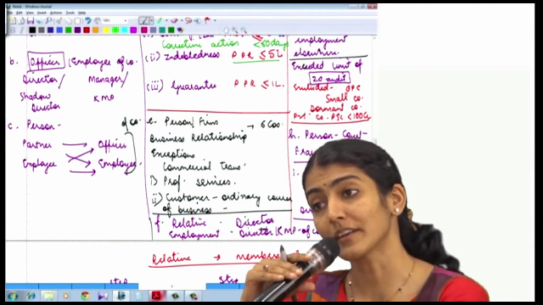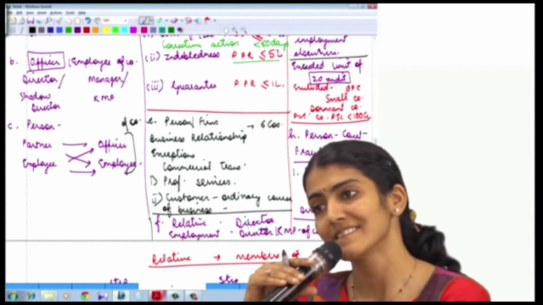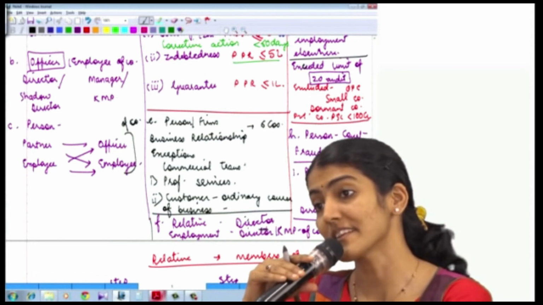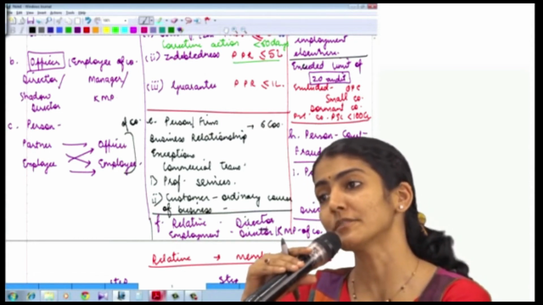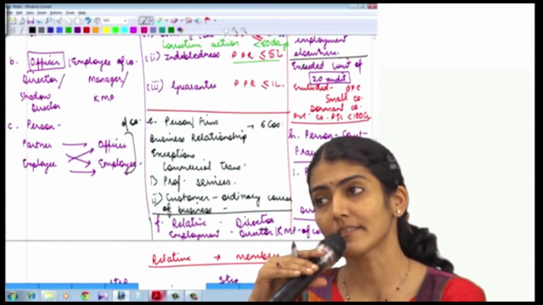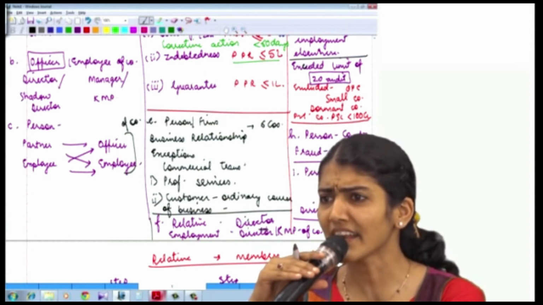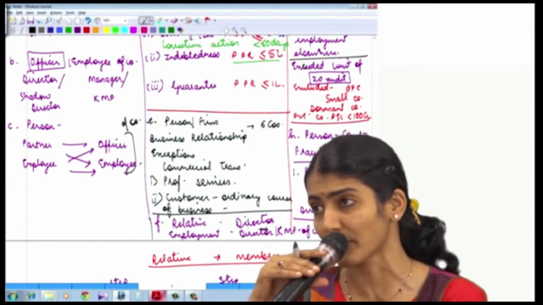So if your relative is an employee, then are you qualified? If your relative is an employee in the company, are you qualified to be appointed as an auditor? My uncle is working as an employee in Geo Limited. Can I do the audit of Geo Limited? Yes, relative is a director or is in the employment as a director or a key managerial personnel.